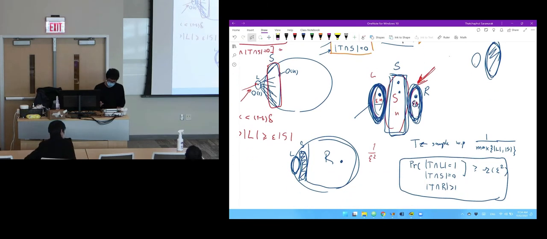As long as L is at least an epsilon fraction of S, the probability is going to be something like epsilon.